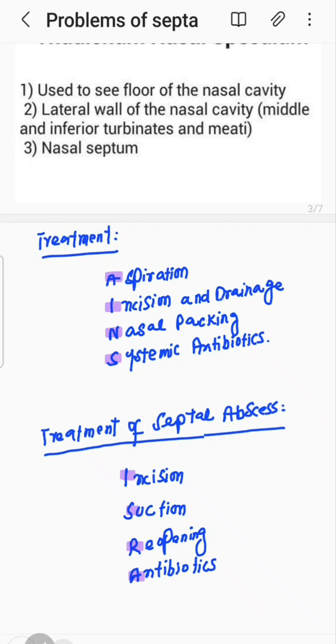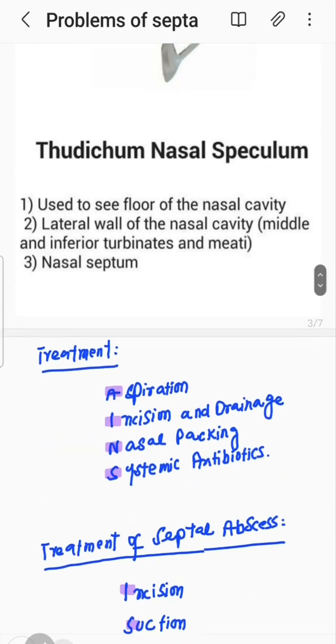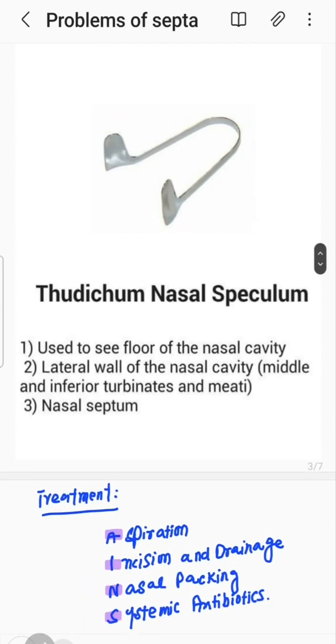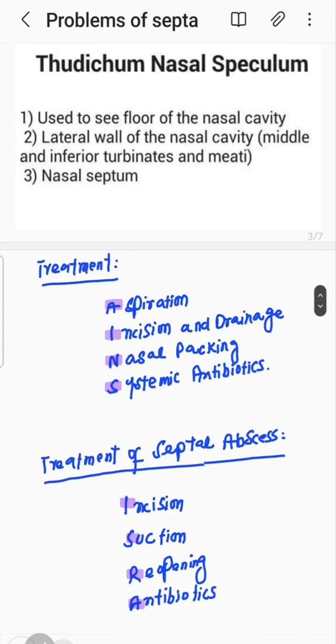Apart from the incision and drainage, we also excise a small piece of the mucosa, which can be the mucoperiosteum or the perichondrium.